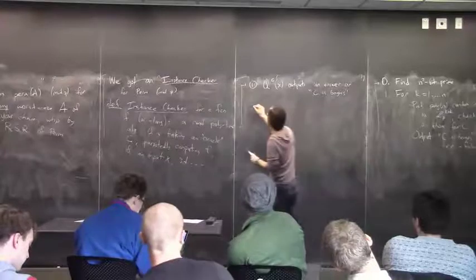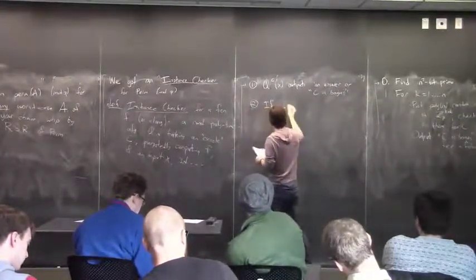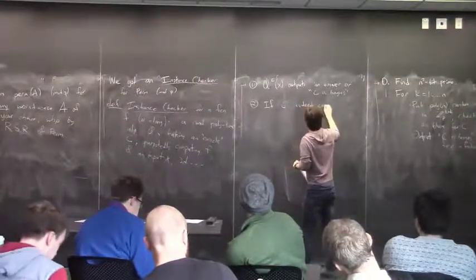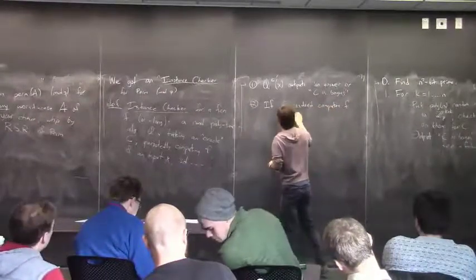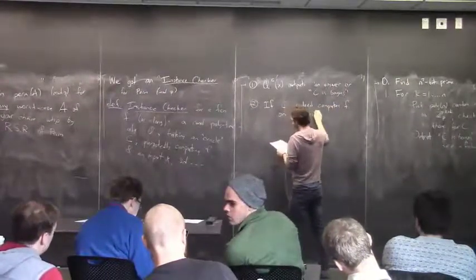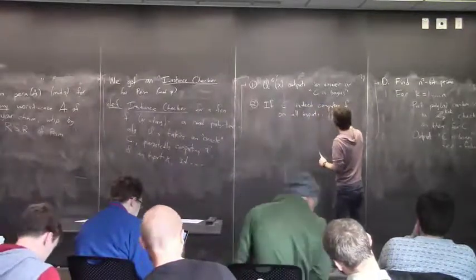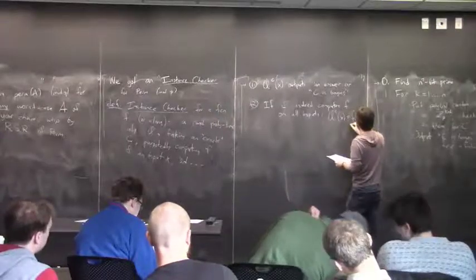There are two main cases. If C is actually correct, so let's say C actually indeed does compute f, then the property is that A outputs the correct answer with probability 1.